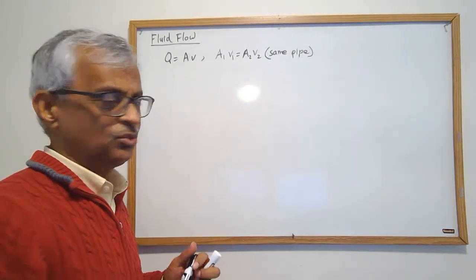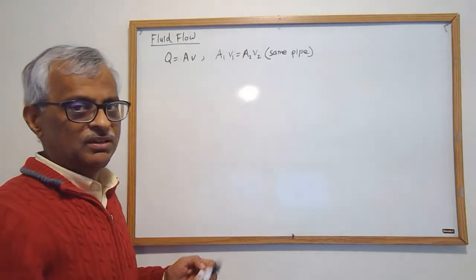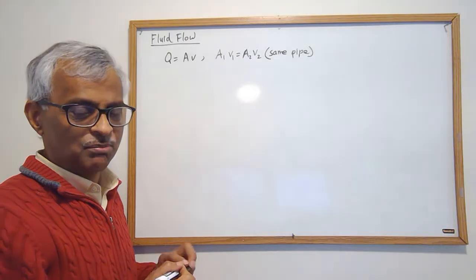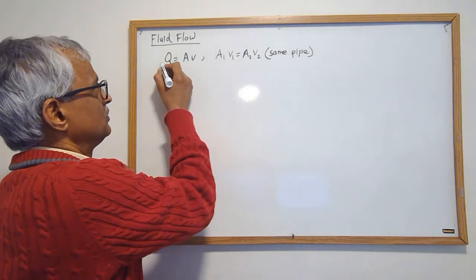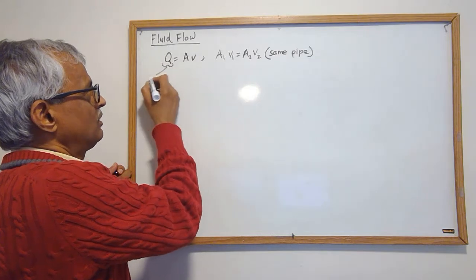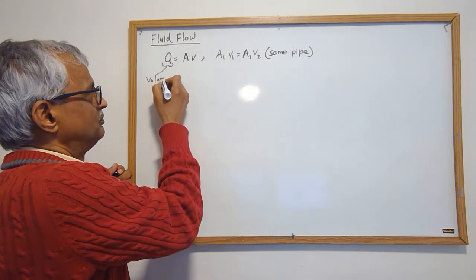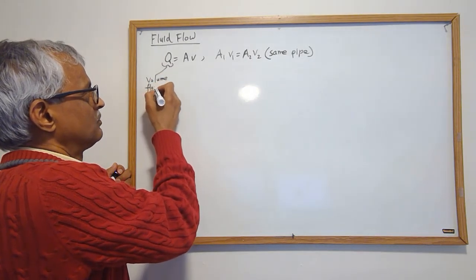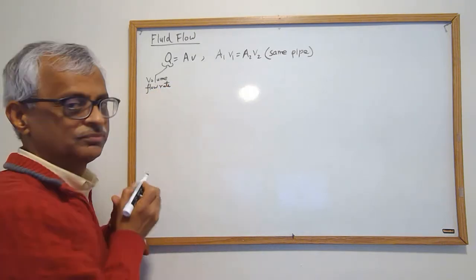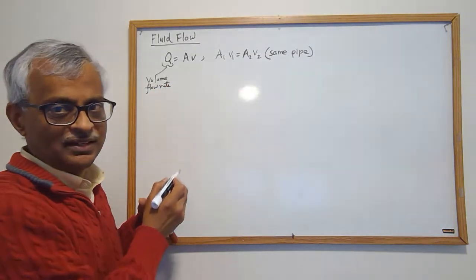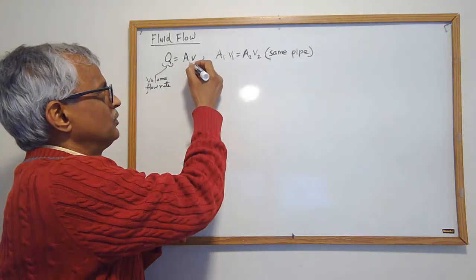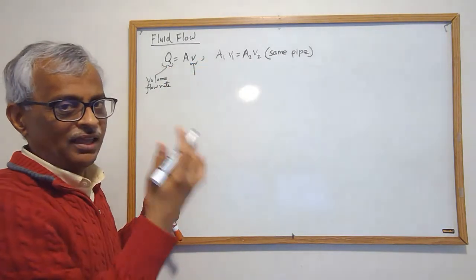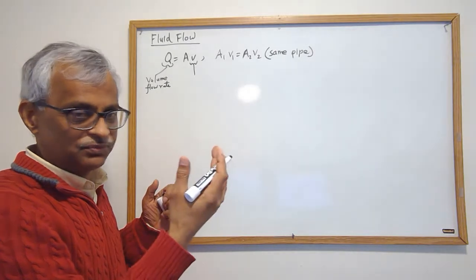Okay, just to recap, we have an important measure of flow rate of fluid. So this is volume flow rate, and that depends on how wide the pipe is and also how fast it's on average flowing.